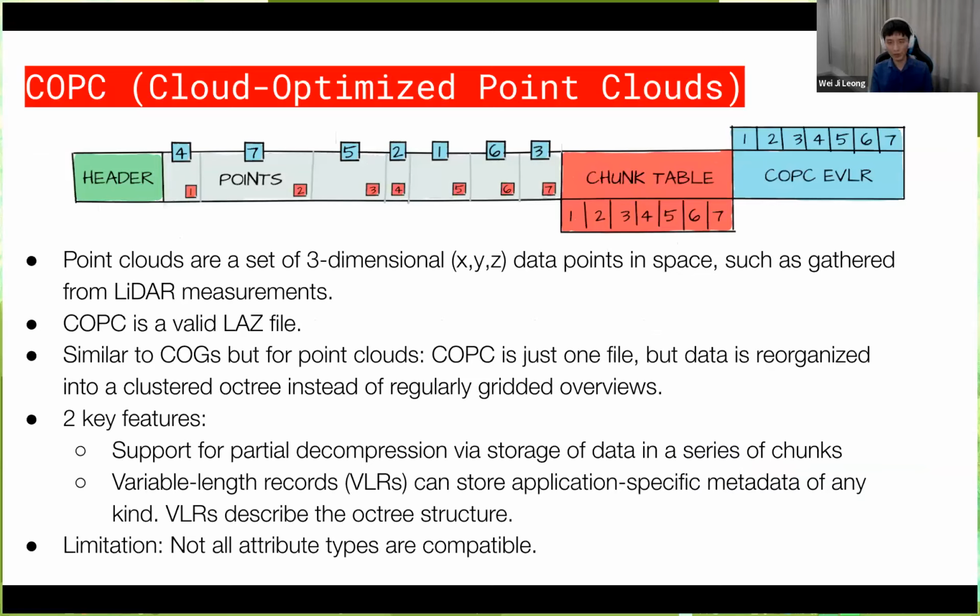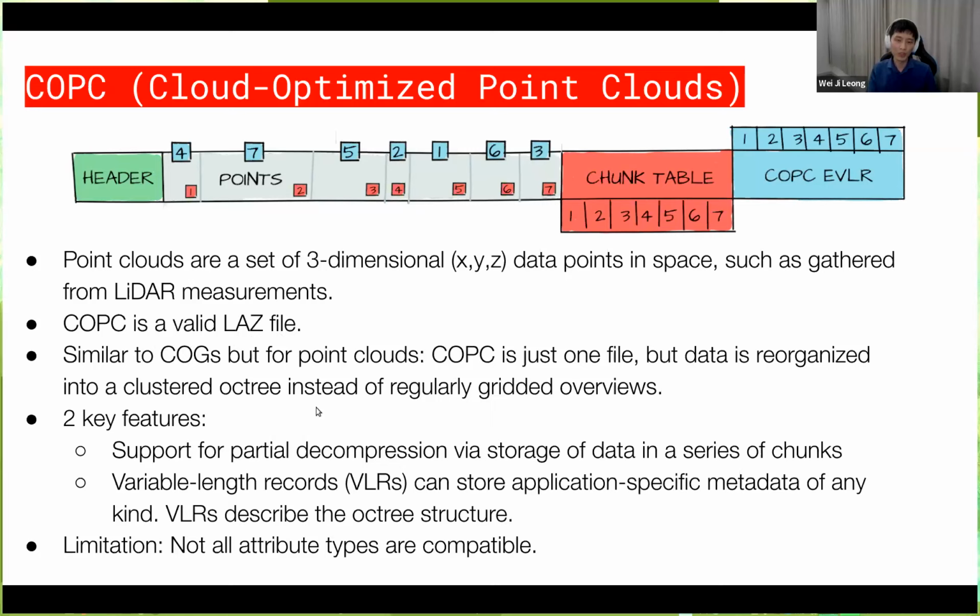So we've talked about raster file formats. If you're working with LiDAR point clouds, you might be familiar with LAS files. COPC is the cloud optimized version of that. A COPC is a valid LAS file, so any tools you have that can read a LAS file can also read a COPC file. And a COPC has octrees instead.